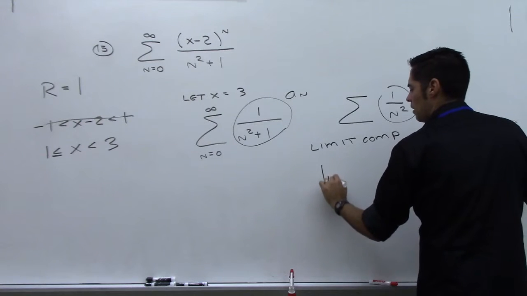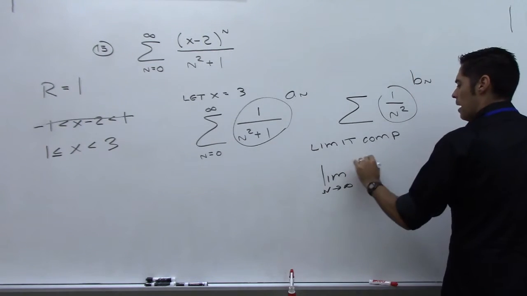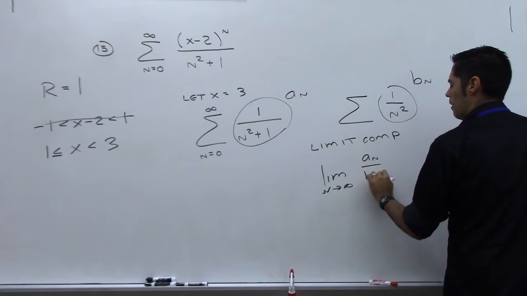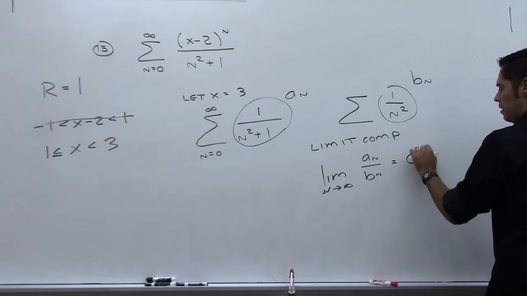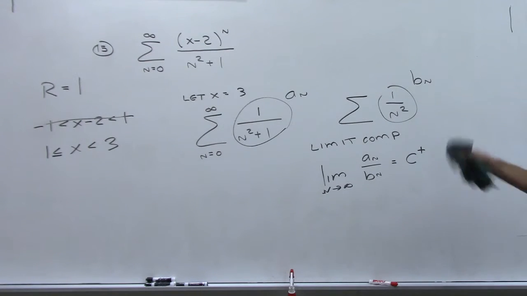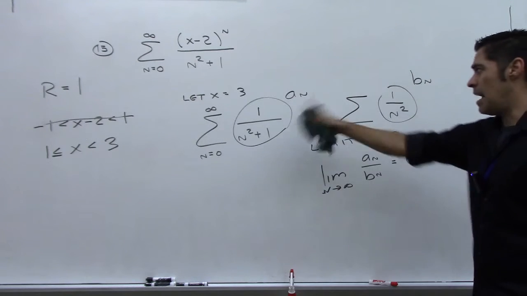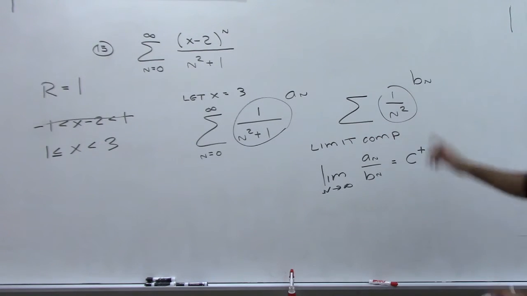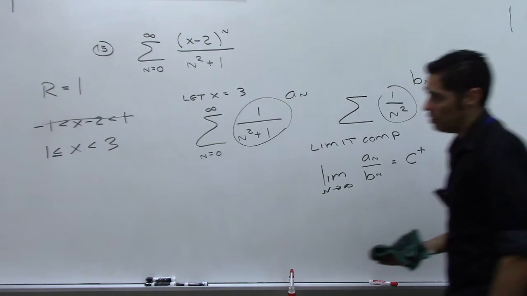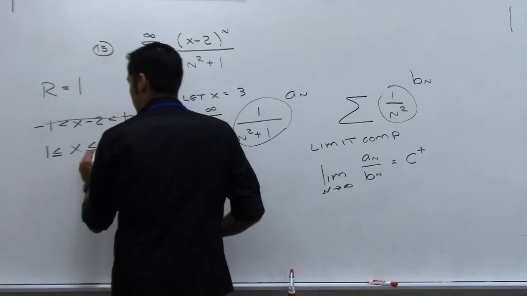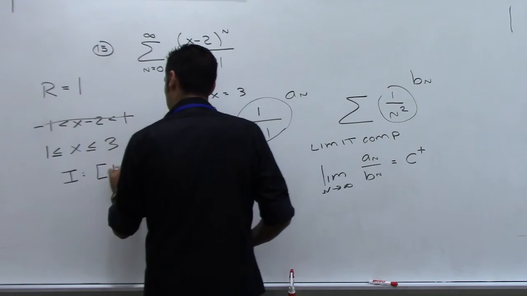That means you set up the limit, n goes to infinity of a sub n over b sub n, and then show that this is going to be some positive constant. And it'll turn out to be 1. So that means whatever this one does, that one does. And this one is a p series, p is 2, it converges. So we should include both endpoints. So our interval of convergence is the closed interval 1, 3.